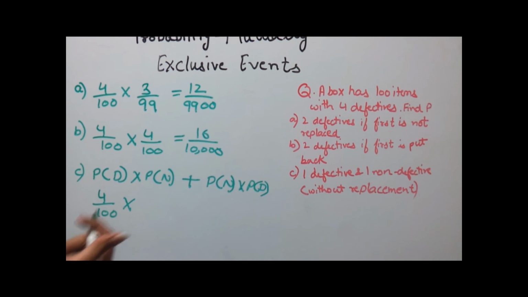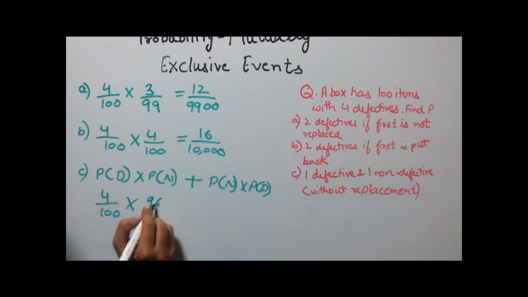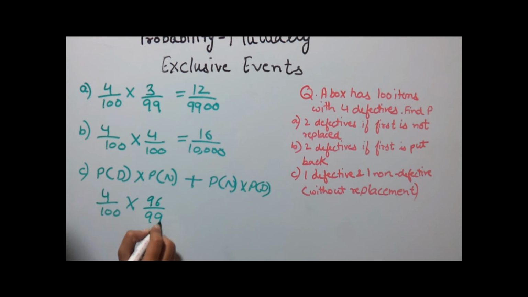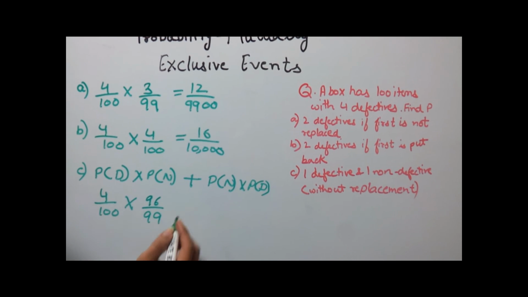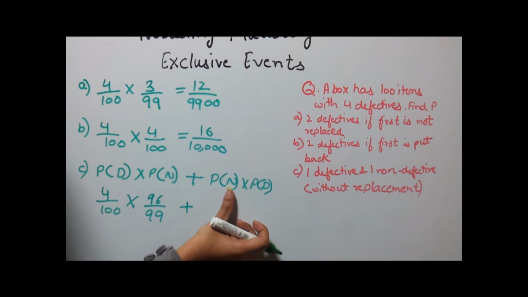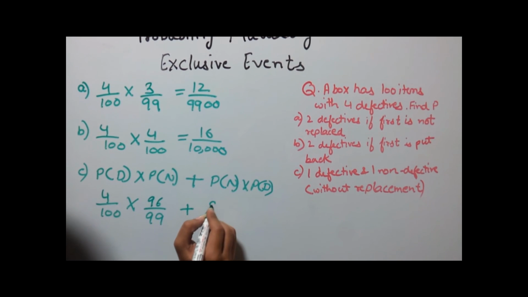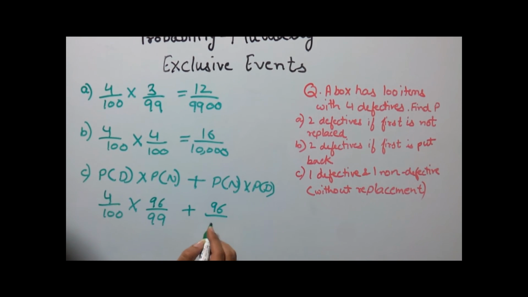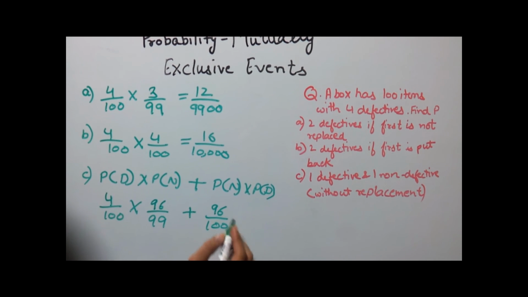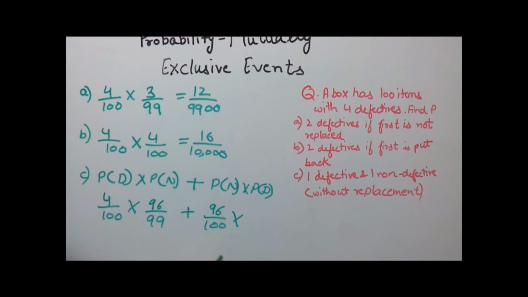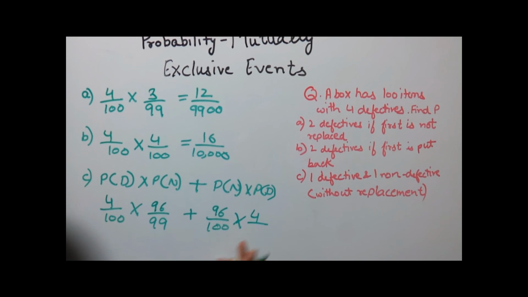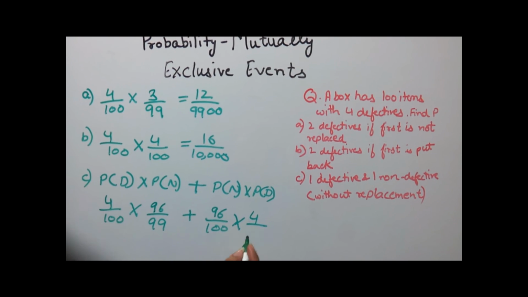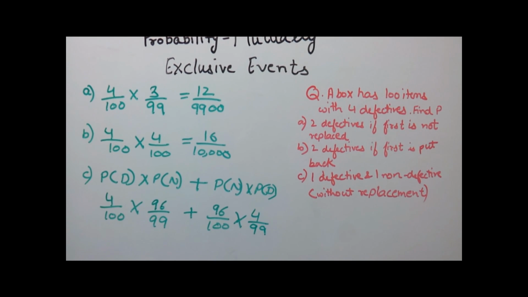As these are done without replacement, the probability of defective will be 4 by 100 times non-defective. The total number of non-defective bulbs is 96 divided by 99, because one defective bulb has already been taken out, plus the total number of non-defectives, 96, divided by the total number of bulbs or items, which is 100, times the total number of defectives, 4, upon the total number of remaining items, 99.